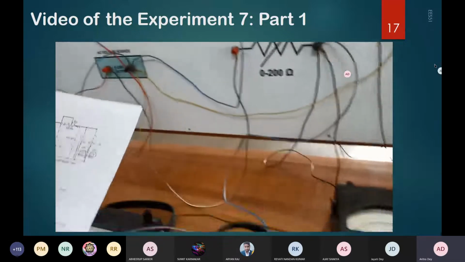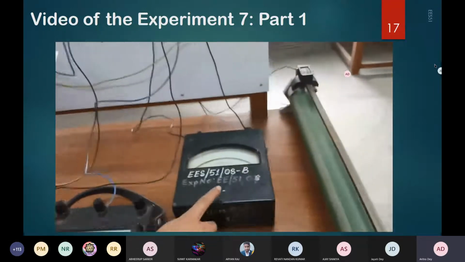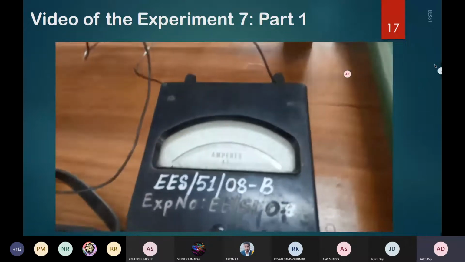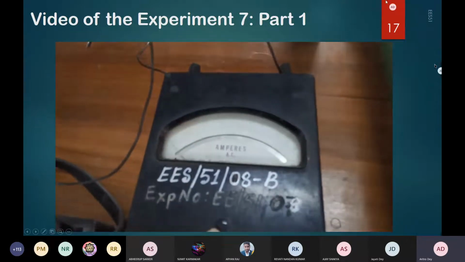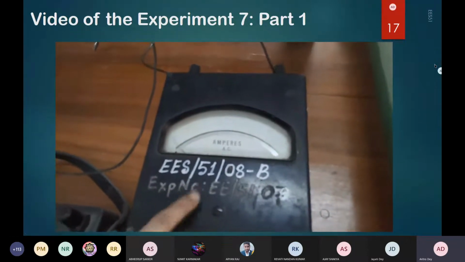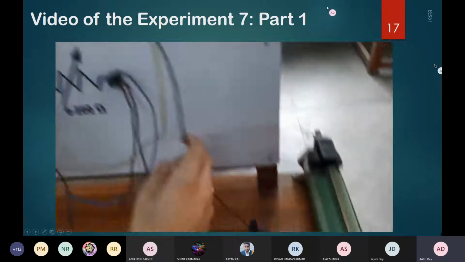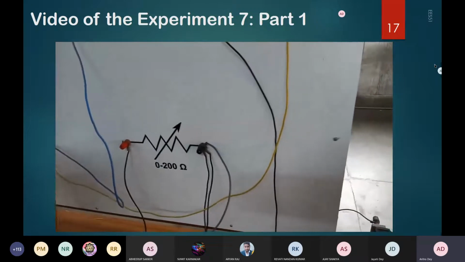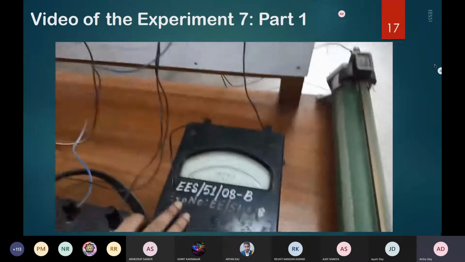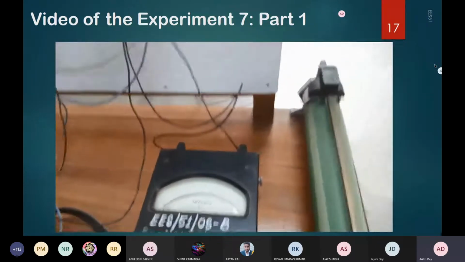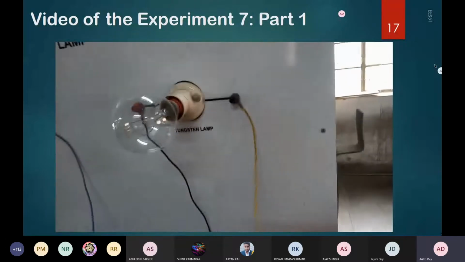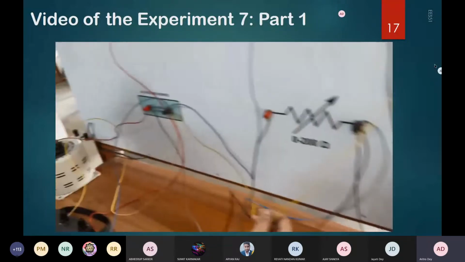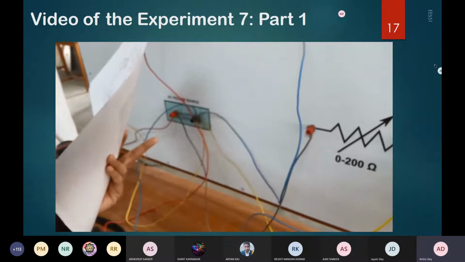Then the other two are the ammeters. This is the ammeter A1, which is connected for the tungsten lamp, in series with the tungsten lamp. You can see that through the rheostat I have connected the ammeter, and the ammeter goes to the tungsten lamp, and from the tungsten lamp it returns to the terminal of the variac to close the circuit, right?